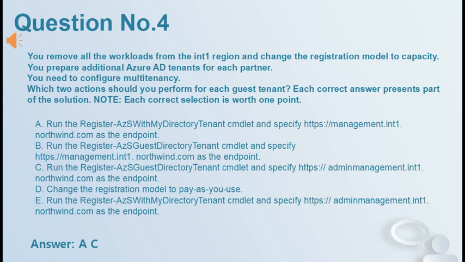C. Run the Register-AzSGuestDirectoryTenant cmdlet and specify https://adminmanagement.int1.northwind.com as the endpoint. D. Change the registration model to pay as you use. E. Run the Register-AzSWithMyDirectoryTenant cmdlet and specify https://adminmanagement.int1.northwind.com as the endpoint. Answer: A, C.